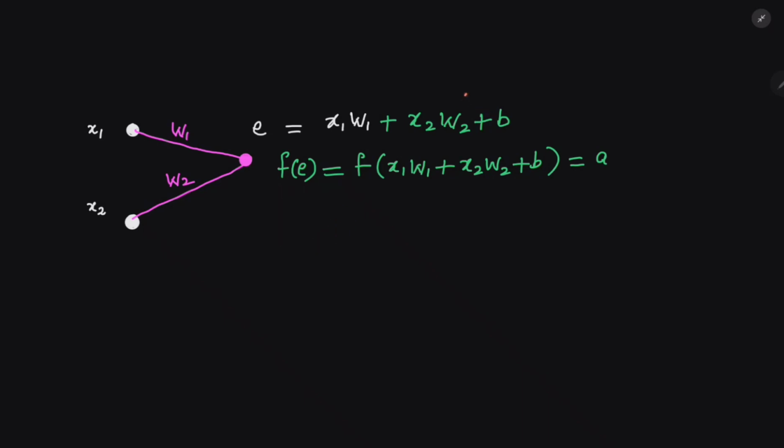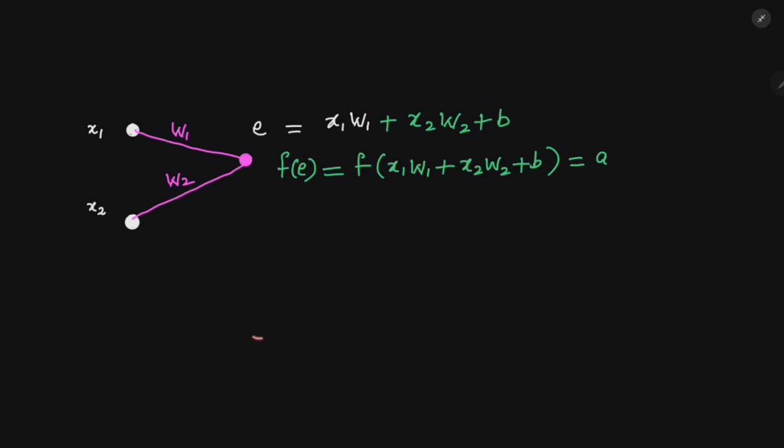Previously, we were working only on this expression, but now we have added a bias term, and you saw the motivation. We need to move our activation function.